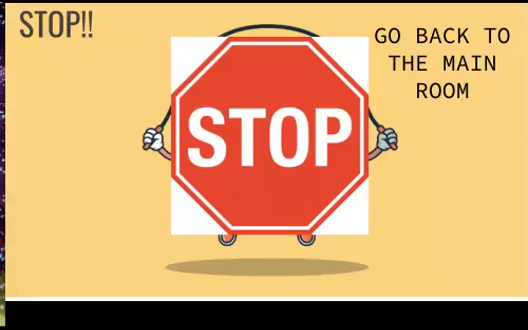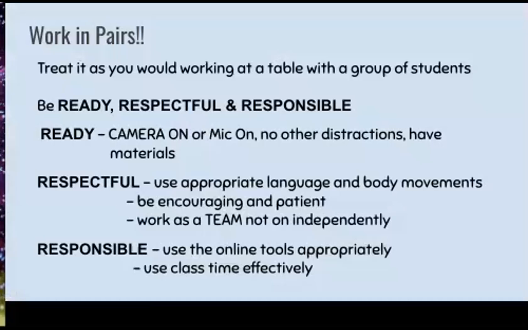Then we'll take our last break and talk about what you found out. So what I'm going to do now is change the Pear Deck to student-led, student-paced, and then send you to work with a pair in a breakout room. Any questions before I kick you out?